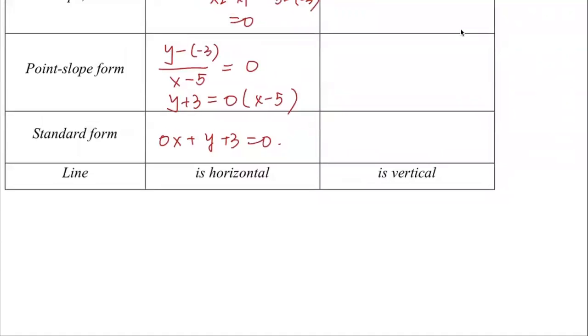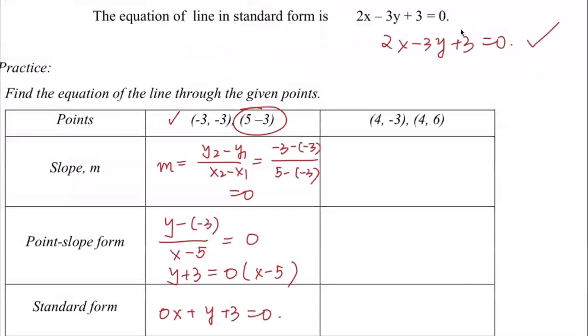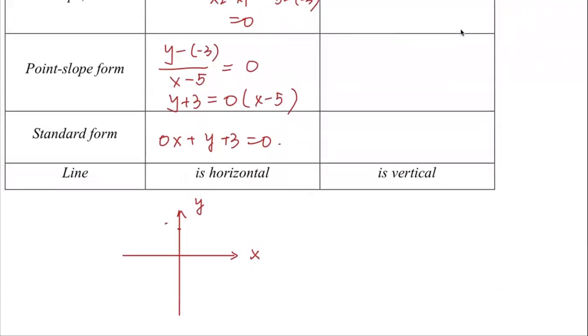When we draw the graph in the coordinate plane, x, y, let's say this is 3. So the straight line represented by this expression is like this.